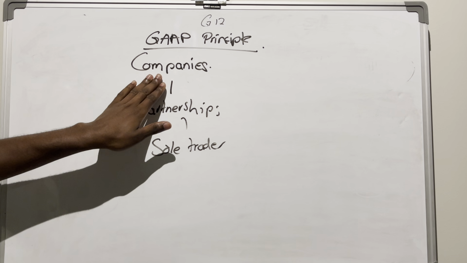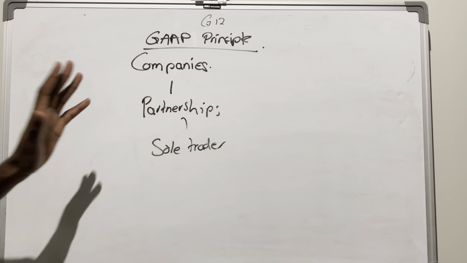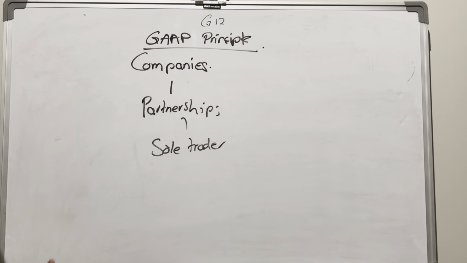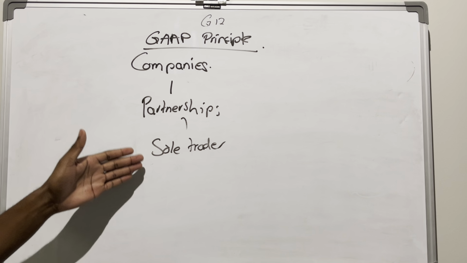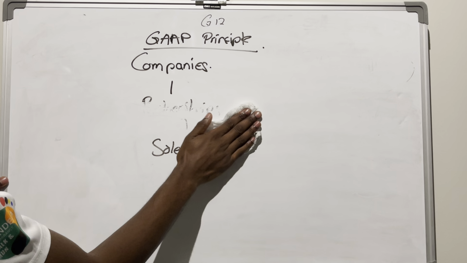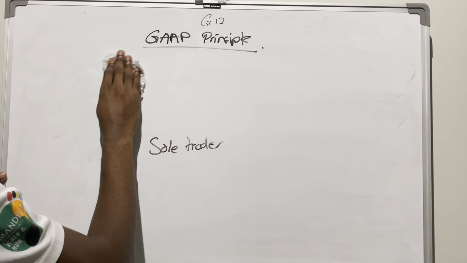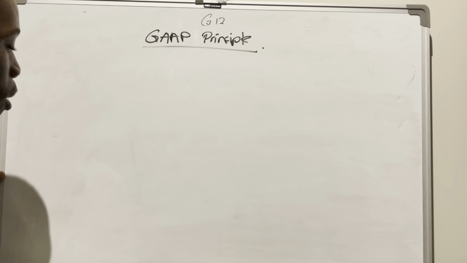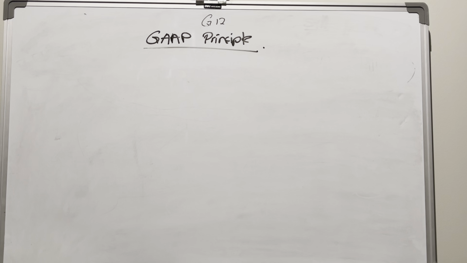But now we're looking at GAAP principles amongst companies, and they are still the same from grade 10 and grade 11. Now, what do GAAP principles do? They govern how financial statements are set. We have 5 principles.